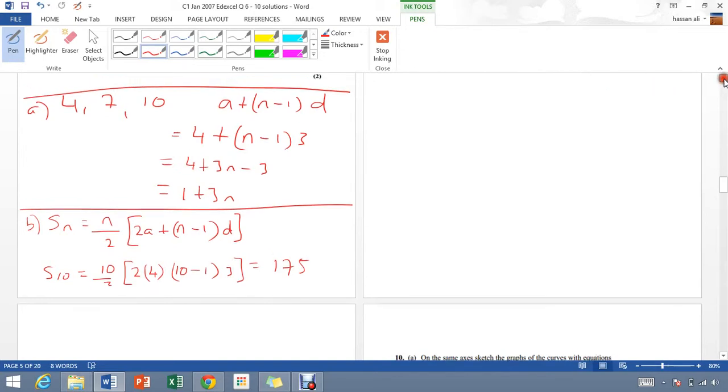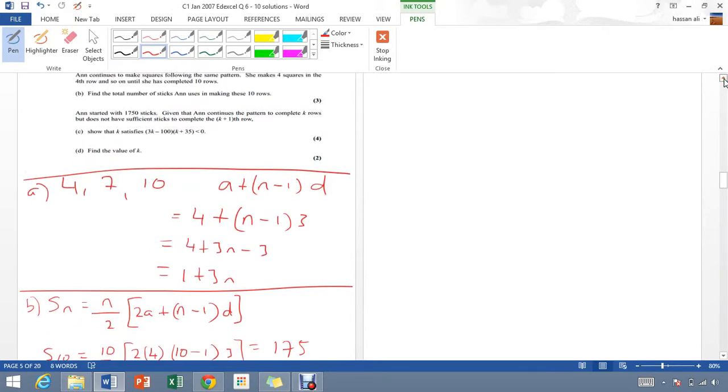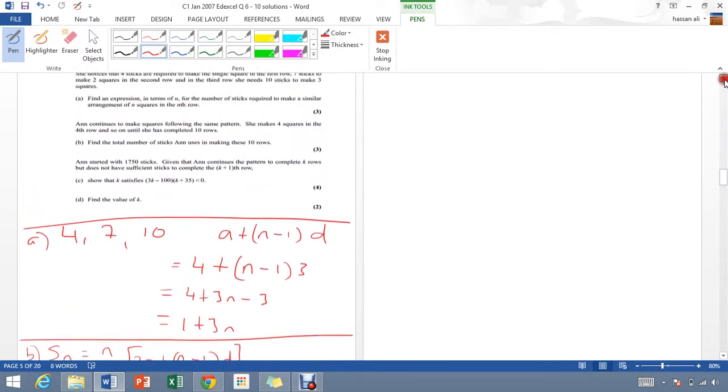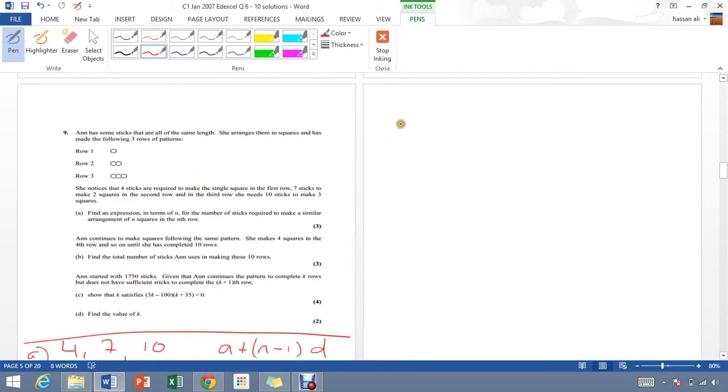Part C is asking you, and started with 1,750. Given that Anne continues the pattern to complete k rows, basically she doesn't have enough sticks. So what we're trying to say is that the sum of your k terms has to be less than 1,750, because she hasn't got enough.